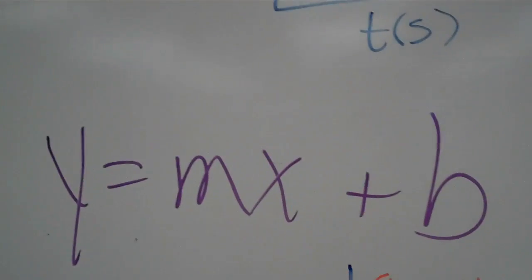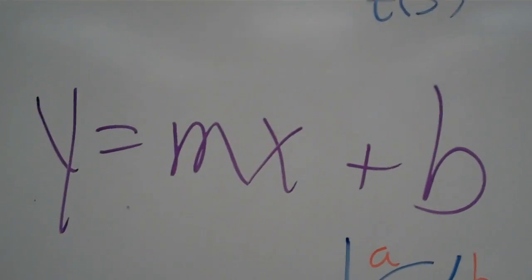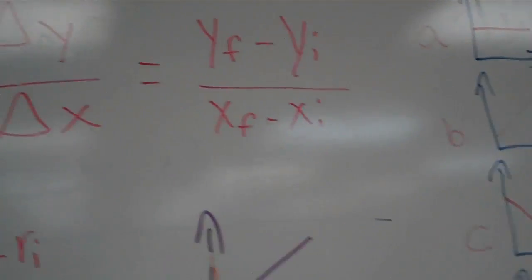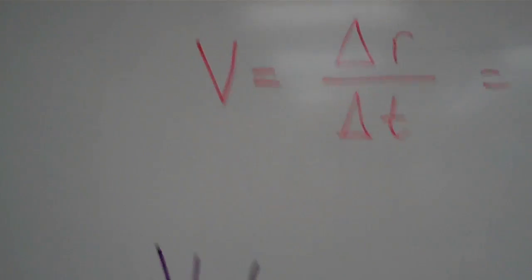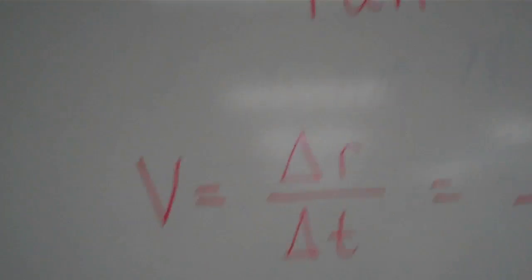I reminded you about slope-intercept form to describe a line, and then we spent some time talking about where that comes from. We talked about slope, and we know the slope of the position versus time graph gives us the velocity.